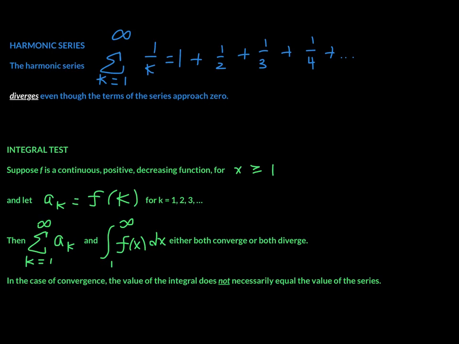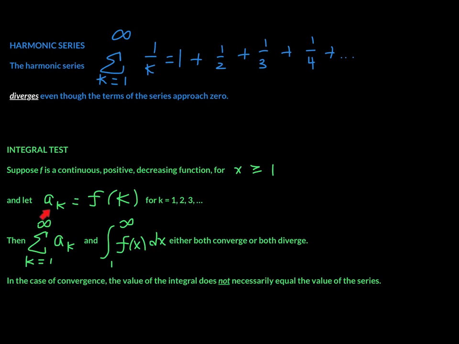Okay, here's the integral test. Suppose we have a function that is continuous, positive, and decreasing. These are the conditions of the test. The function is continuous, positive, and decreasing for x values that are greater than or equal to 1.